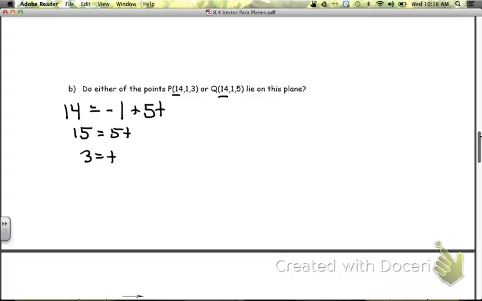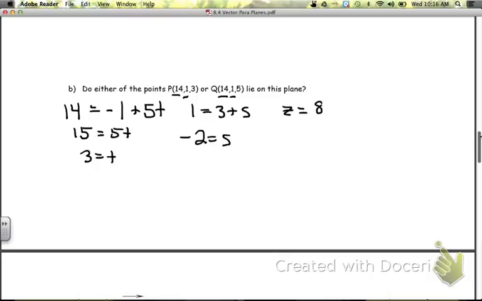Since t is equal to 3, we use that in our parametric equations. We first find s: since the y value is 1 in both P and Q, we have 1 is equal to 3 plus s, so s is equal to negative 2. Now we use our parametric equation for z to figure out whether either of them lies on the plane.